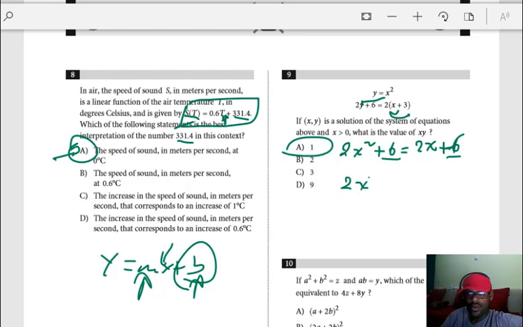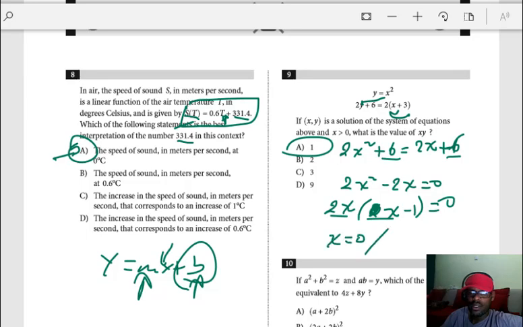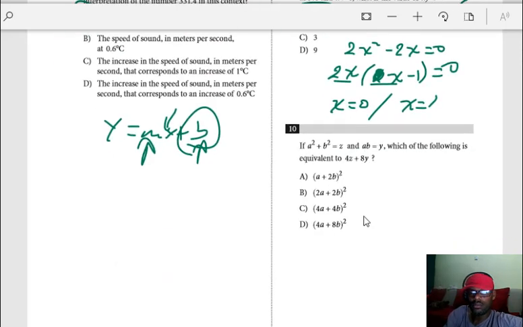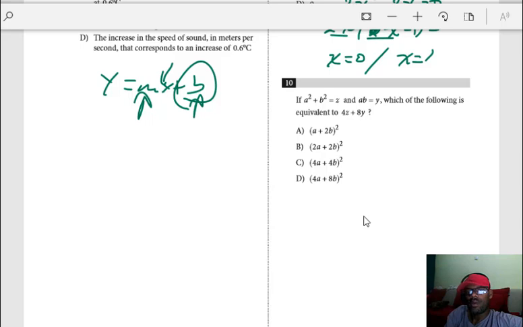So we have 2x squared minus 2x is equal to 0. So take 2x in common, so you have x here and minus 1 is equal to 0. So we have two values: when x is 0 and when x is 1. So which column, and then you will choose the 1, 0 column.